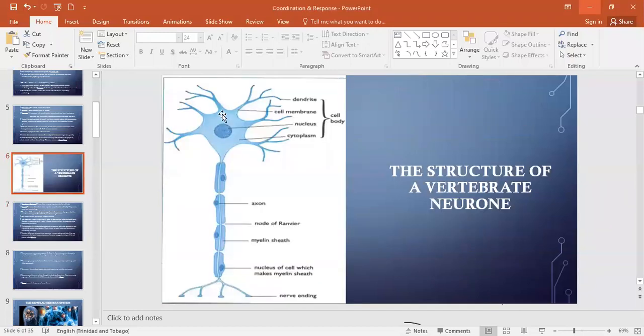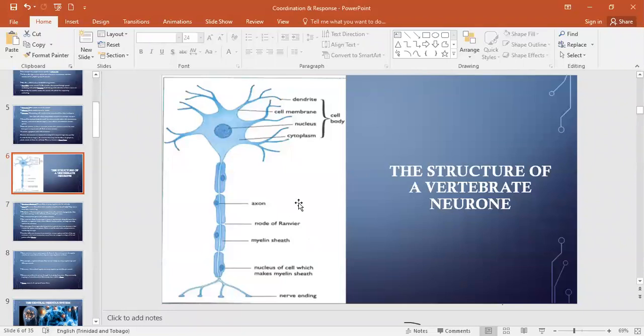So if we look at this neuron again, when the impulse enters from the dendrite, it just goes straight. It does not allow for messages to travel in the opposite direction, or for one message to come through here and then the next message to go in the opposite direction. No, everything goes through in one direction.